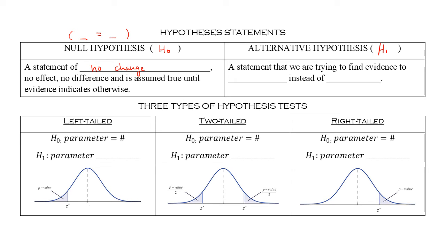The alternative hypothesis is the alternative of what would occur if this were not true. In other words, if our null hypothesis were not true, what would be the alternative to that statement? It's a statement that we're trying to find evidence to support instead of our null hypothesis.